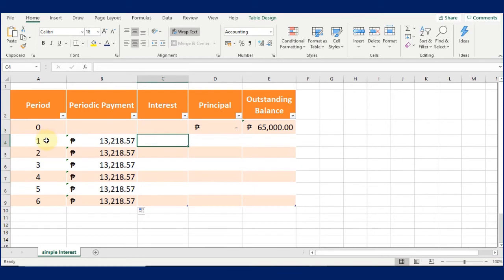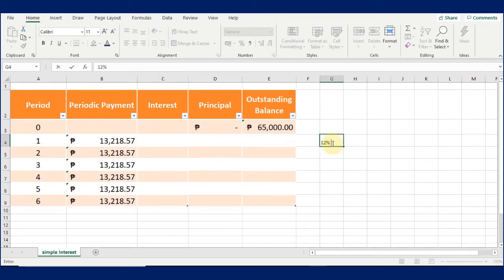Okay. And then what will happen? Remember that the first period means this is after 6 months. And recall that we have 12% compounded semi-annually. Effectively, that just means that you have 6%, right? 6% per period.